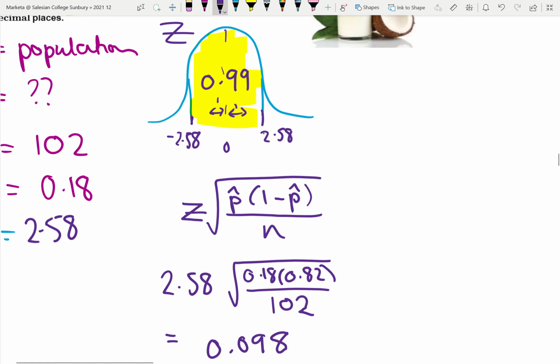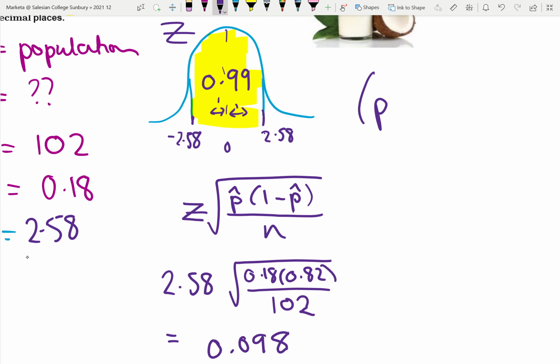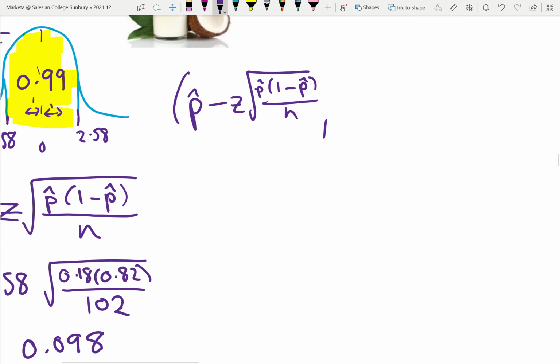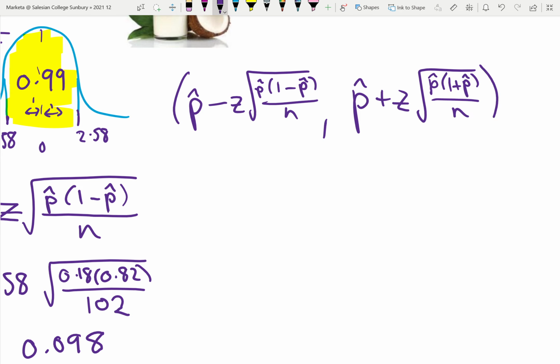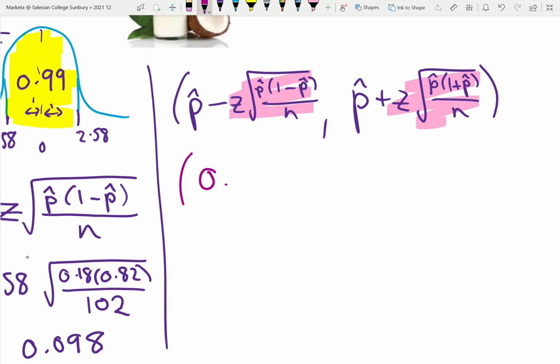In our formula, remember the confidence interval is P hat minus Z times the square root of P hat, 1 minus P hat, over N, comma, P hat plus Z times the square root of P hat, 1 minus P hat, over N. So now I've got this value and I just need to plus and minus it. My P hat was 0.18.